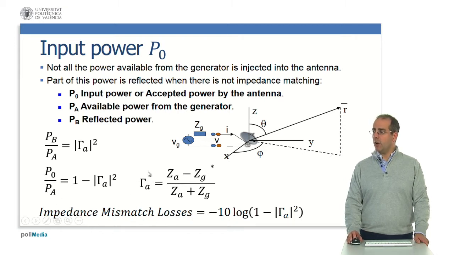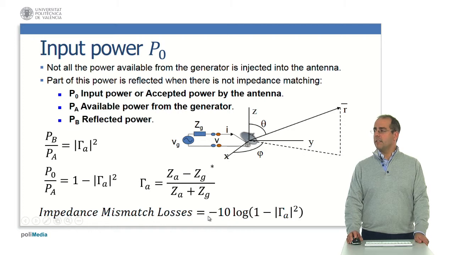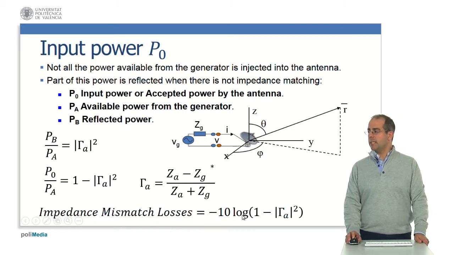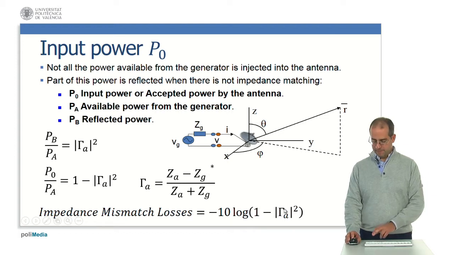What we can see here also is the dependence of the reflection coefficient of the antenna in terms of the antenna impedance and in terms of the generator impedance. Impedance mismatch losses can also be defined, which is minus 10 logarithmic 1 minus the square absolute value of the reflection coefficient.